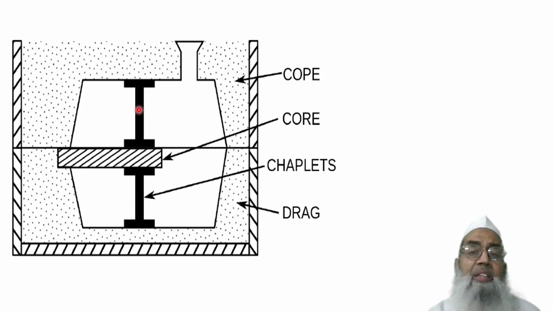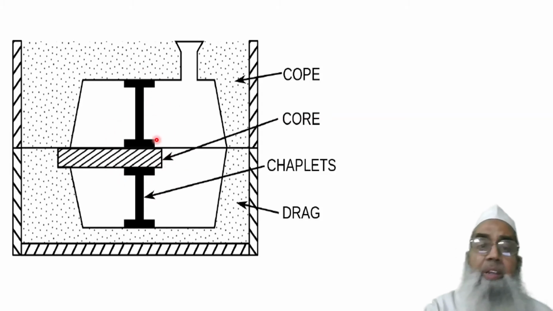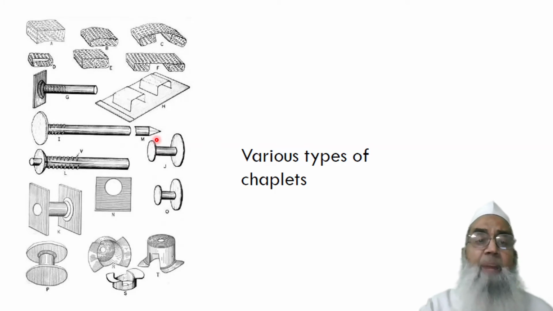Therefore generally the chaplet is made of the same material as the molten metal, so that after solidification it gets consumed in the molten metal itself. This is a chaplet. There are different types of chaplets depending upon the requirement. We can use any type of chaplet.